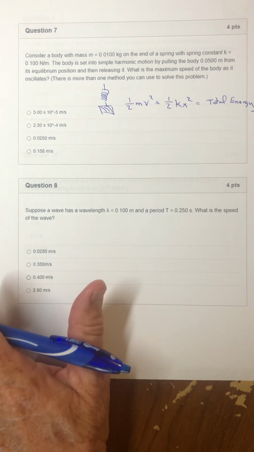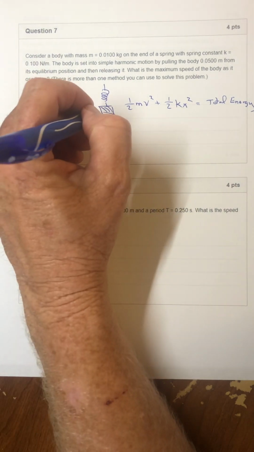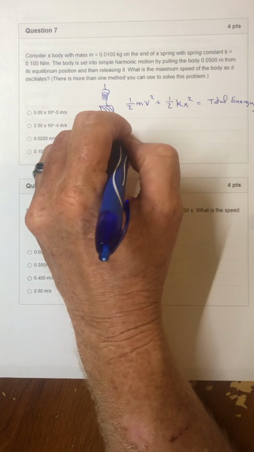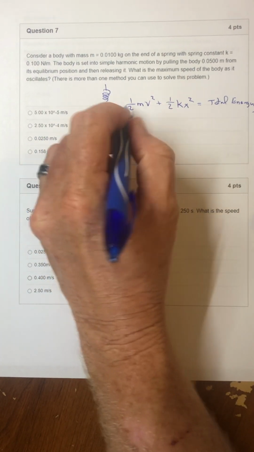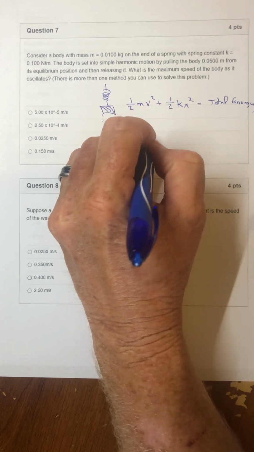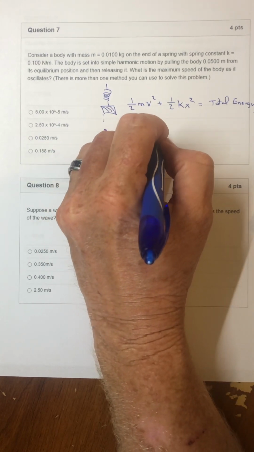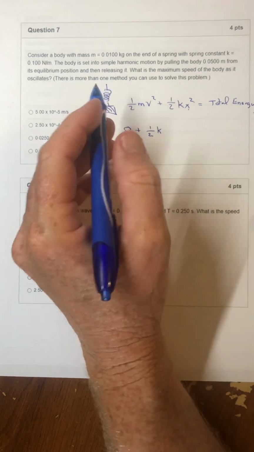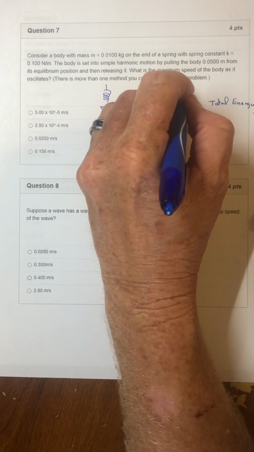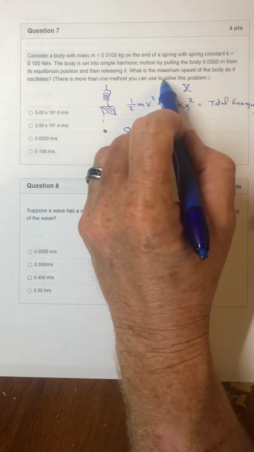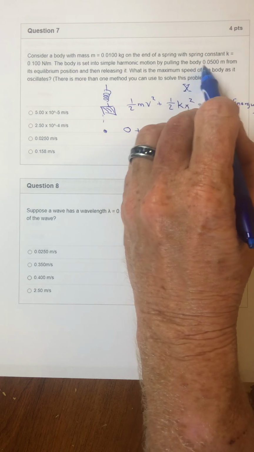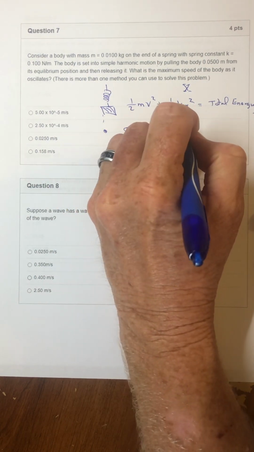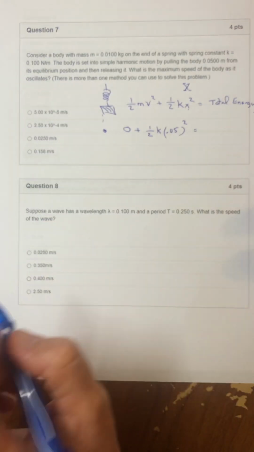Okay. And so what you can do is you can say, okay, when you pull it all the way down and release it, you have a 0 kinetic energy, and you have a position, which is its full amplitude, which I think your book used a capital X for. But I'm just going to put in a number, pulled down by 0.05 meters, and I will square it.